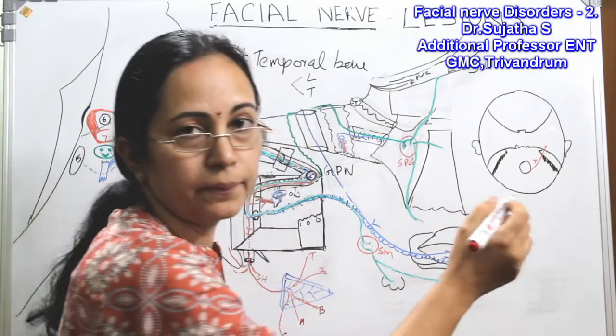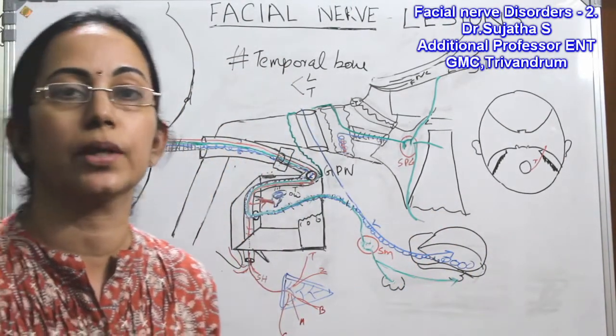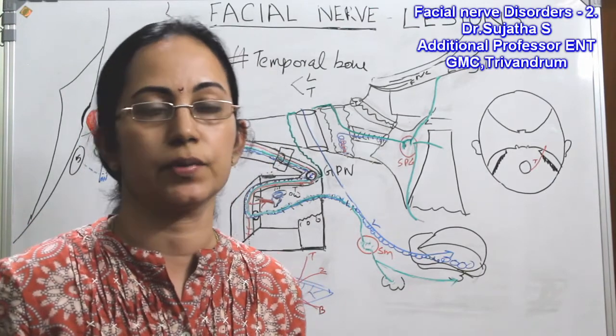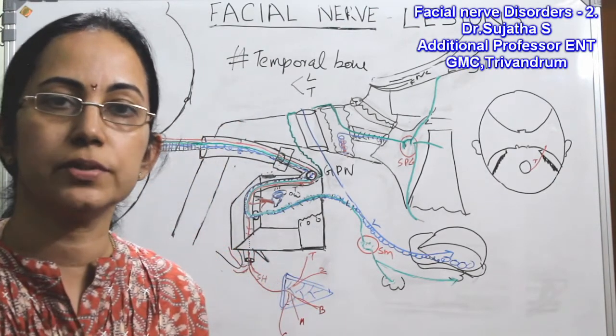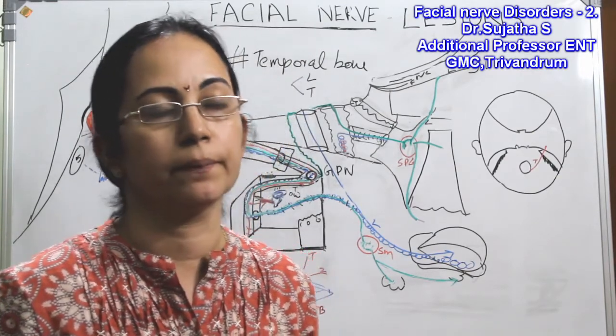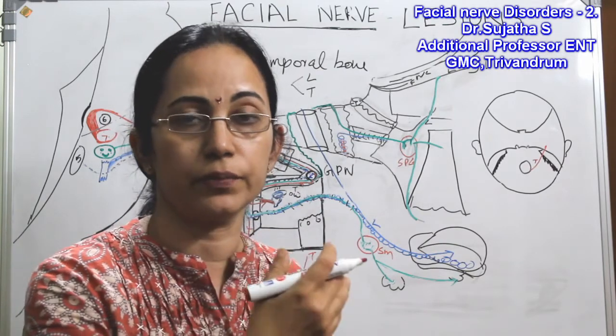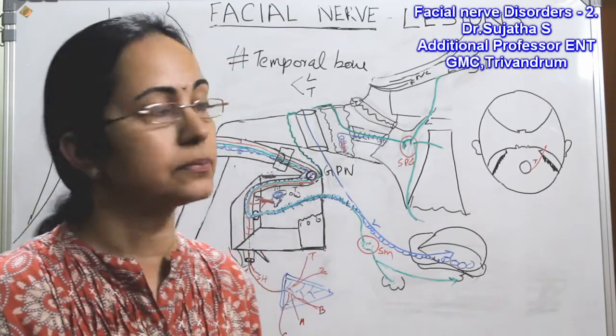Usually these longitudinal fractures constitute around 80% of the fractures of temporal bone. How does this fracture of temporal bone happen? It happens in road traffic accidents. Okay. So 80% of the fractures are longitudinal fractures.